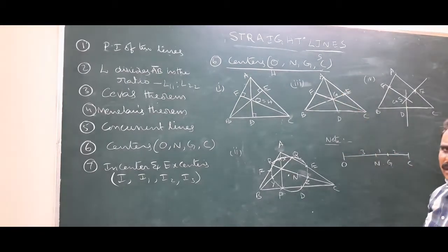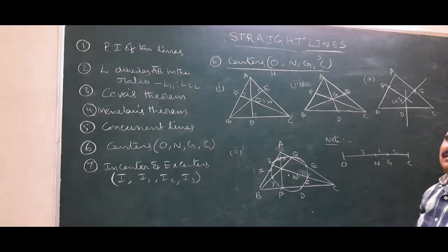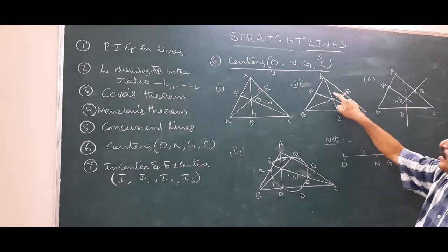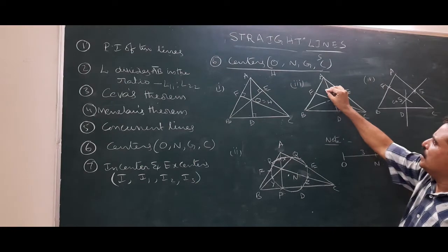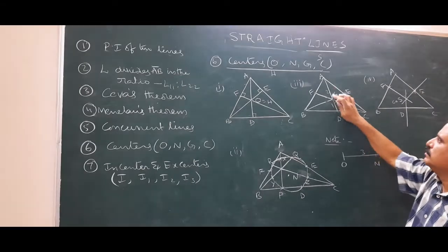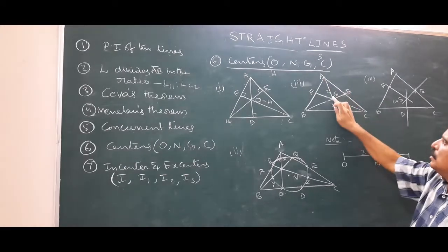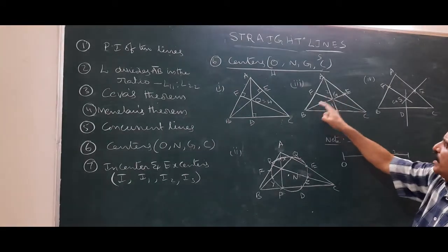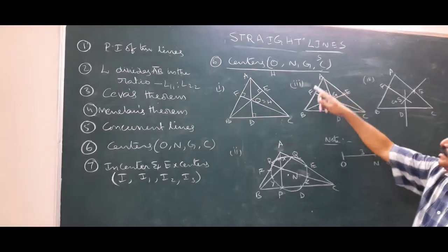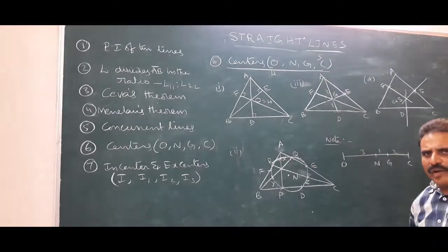These three medians definitely intersect at a point. That point is called the centroid. The centroid divides each median in the ratio 2:1, two parts towards the vertex. So for the centroid, if three vertices are given, we can write the centroid.